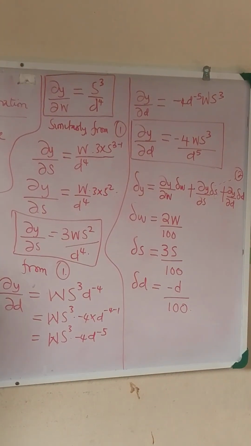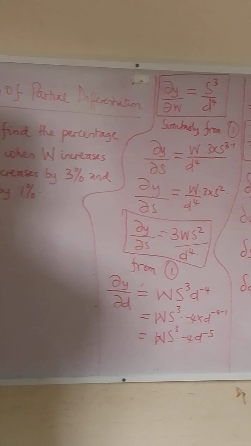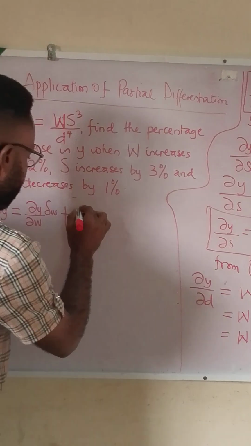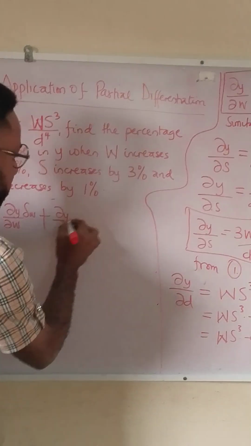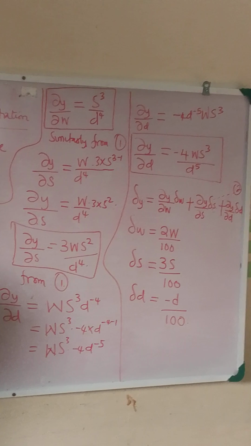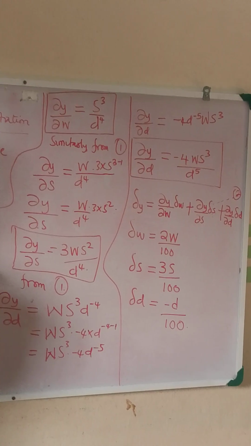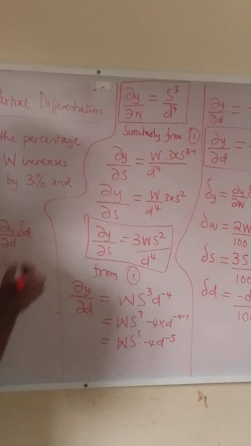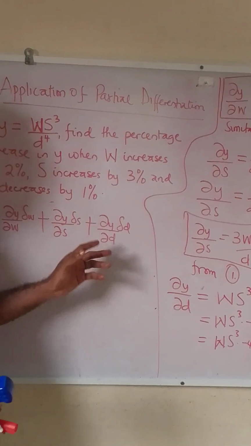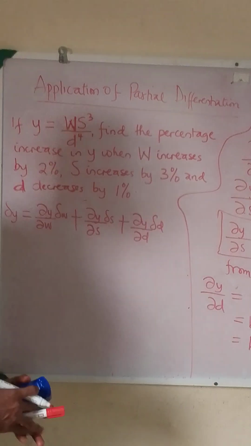Our equation 2 is change in y equal to partial derivative of y with respect to w times change in w, plus partial derivative of y with respect to s times change in s, plus partial derivative of y with respect to d times change in d. Of course you've noted the difference between the symbols for partial derivative and change.